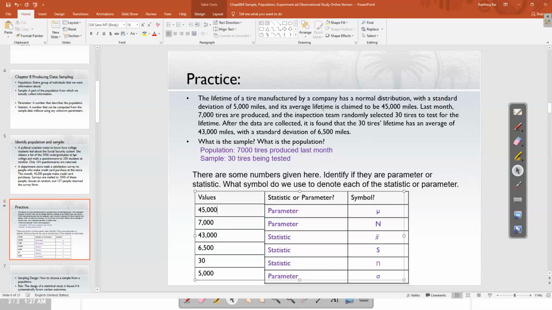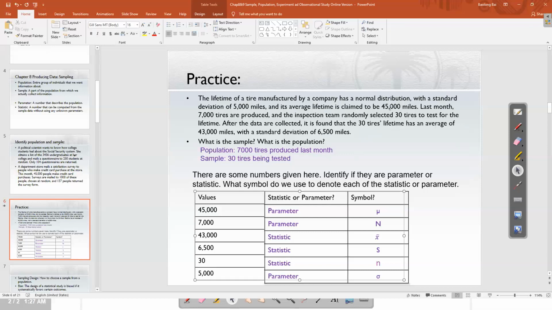So when you look back, it says the lifetime of tires manufactured by a company has a normal distribution with standard deviation 5,000 miles, and its average lifetime is claimed to be 45,000 miles. So when they claim a 45,000 miles average, is it for all the tires being produced, or is it only for the 30 tires being tested?